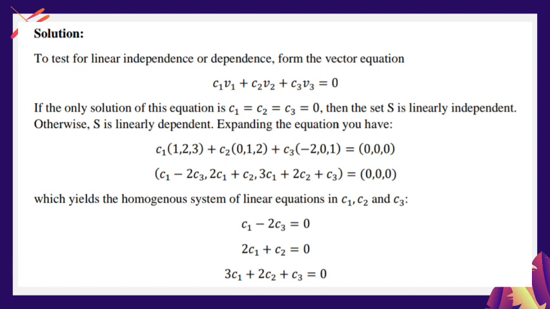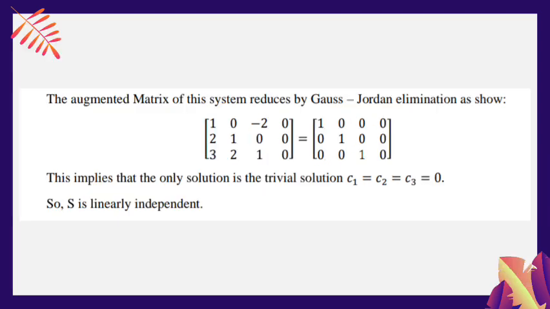So, C sub 1 minus 2 C sub 3 equals 0, first component; 2 C sub 1 plus C sub 2 equals 0, second component; and 3 C sub 1 plus 2 C sub 2 plus C sub 3 equals 0, which is the third component.